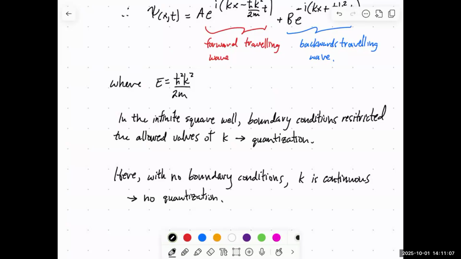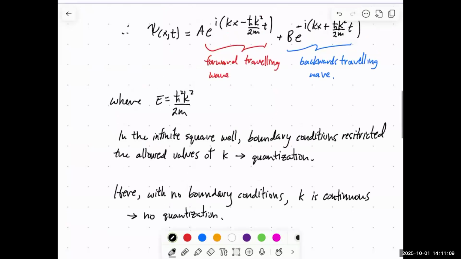What Griffiths does next is he says, well, these two look similar. If I just reverse the sign of k, those two terms seem quite similar. And so he's going to relax the condition that k is positive, and we're going to allow k to go negative or positive. Whereas when we did the infinite square well, we said k was like n pi over a, where a is the width of the well.